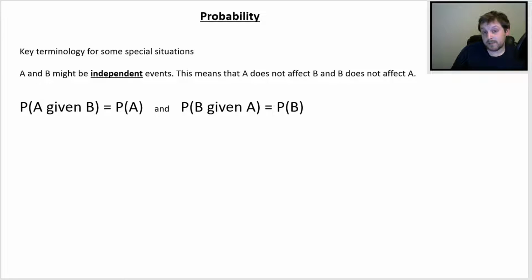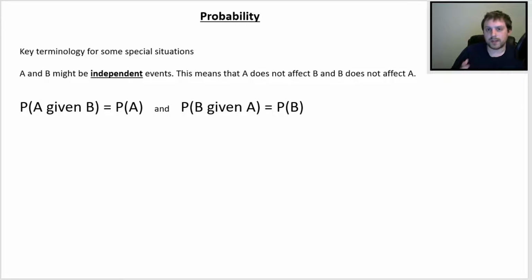And equivalently, if we know that B has happened, then the probability of A doesn't change. It's still as likely as it was before we knew that B had happened. So in a practical sense, that means A doesn't have any impact on B, and B does not have any impact on A.